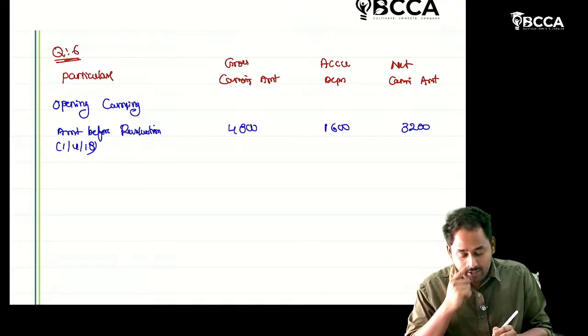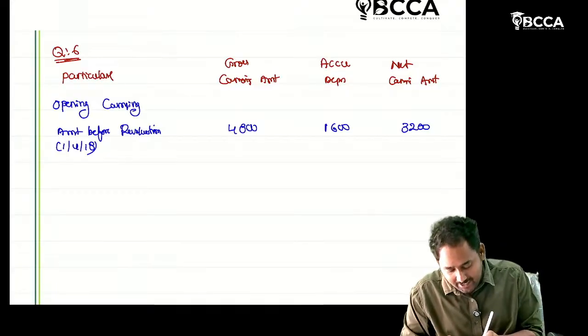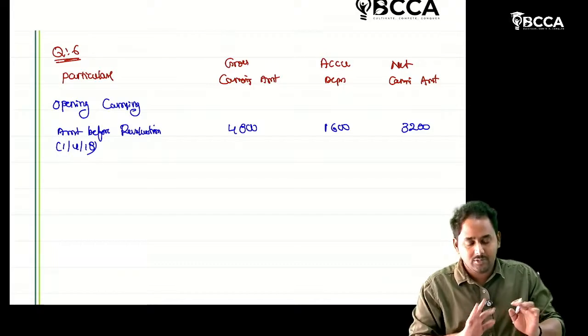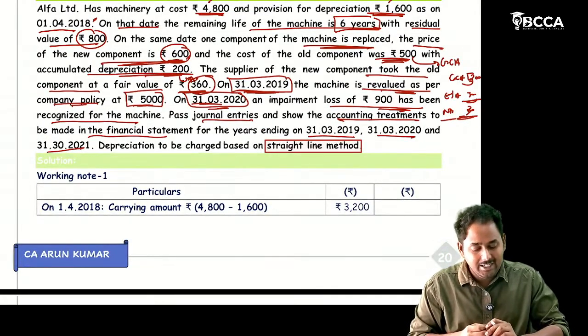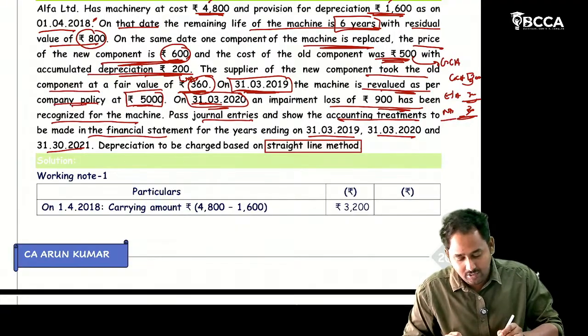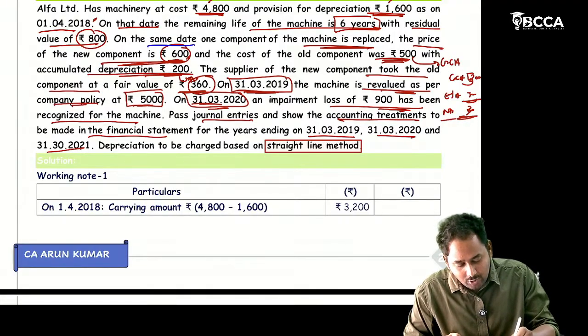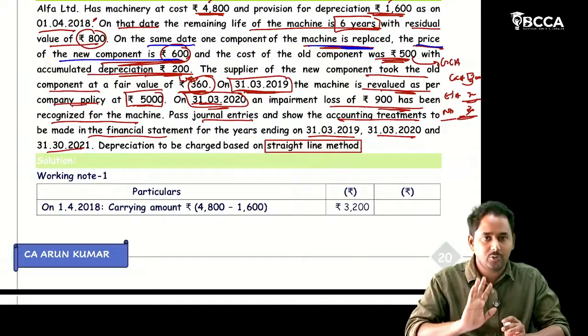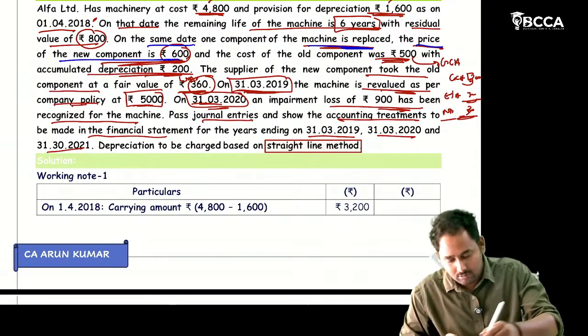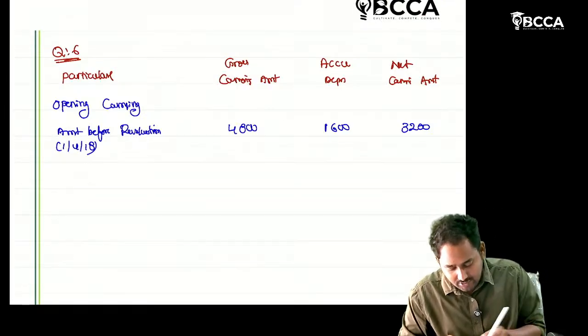Then what happened in 2018-19? Some related events happened. On that date, the remaining useful life is also fine. On the same date, one component of the machine is replaced. The price of the new component is 600. So I should include this new component in the cost of the asset.